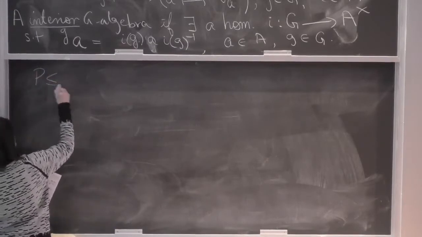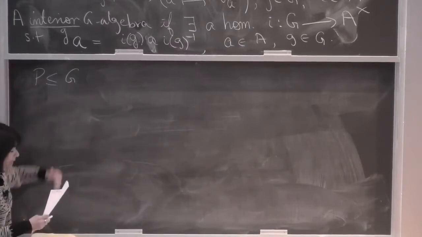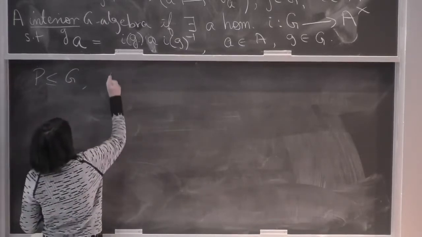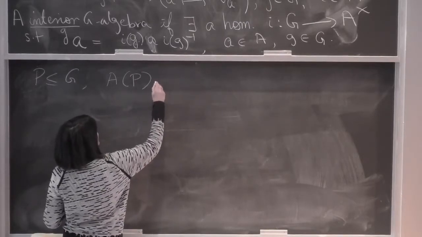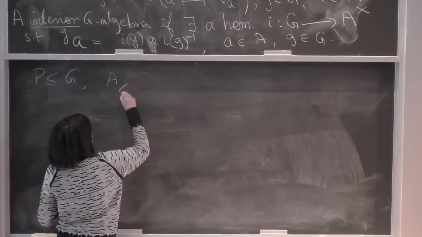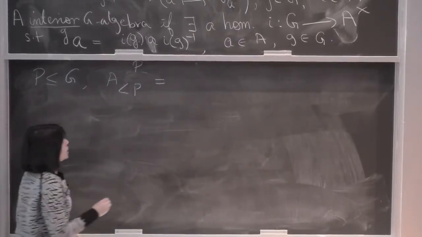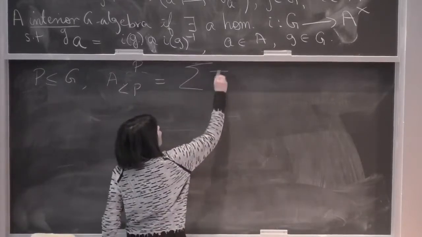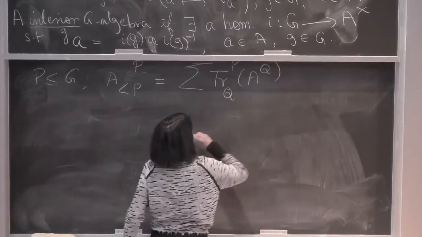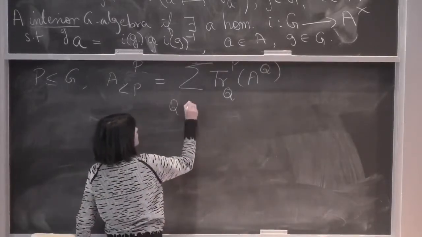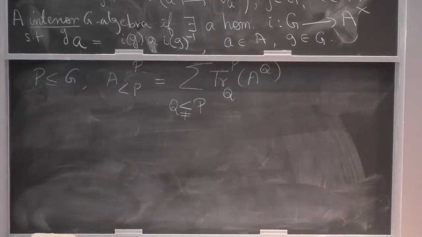I'm going to switch; I could stay with H, but I'm switching notation. Let P be a subgroup of G. And now I'm going to define A_{<P}^P to be the sum of all the traces from Q to P where I allow myself only proper subgroups.